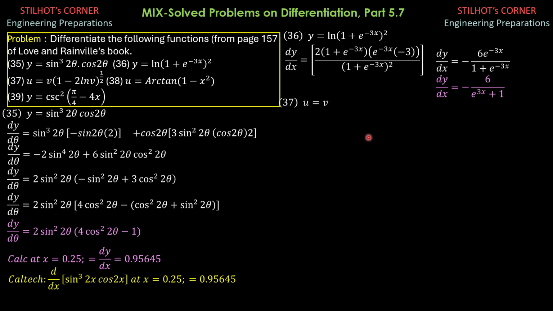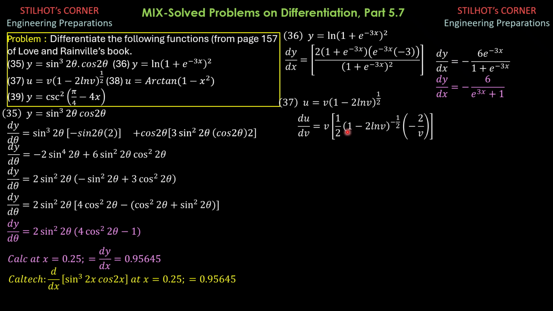37. u is equal to v, quantity 1 minus 2 ln v to the 1 half. So this is again derivative of product. So du dv is v, quantity 1 half, 1 minus 2 ln v to the negative 1 half times negative 2 over v, derivative of 1 minus 2 ln v.